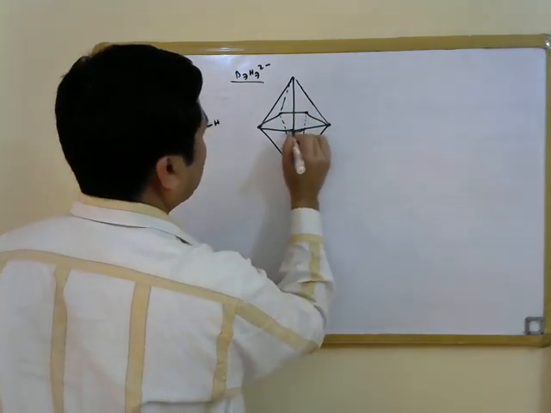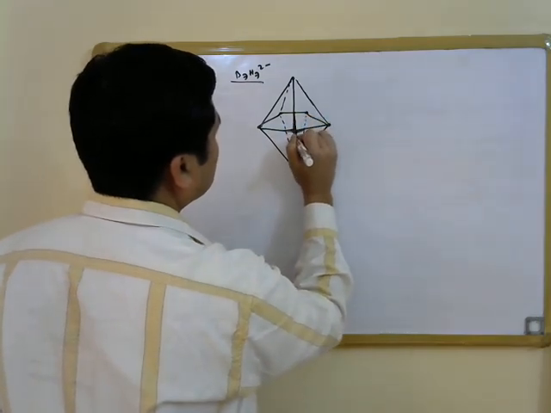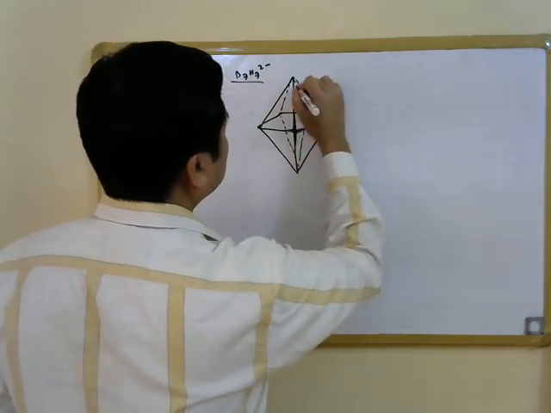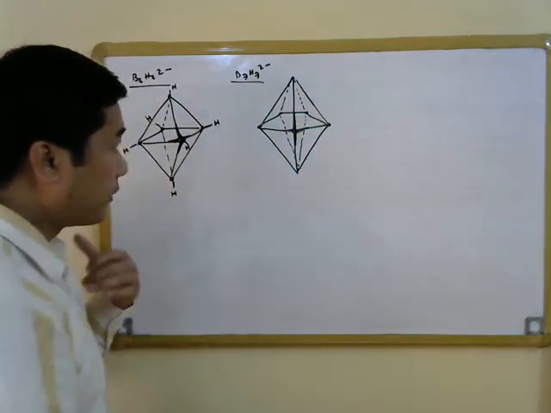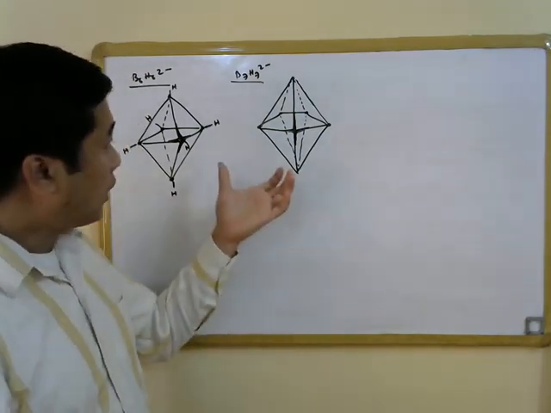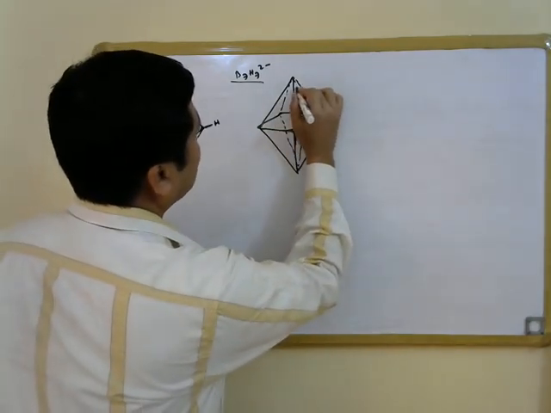So again, let us darken these lines to get a 3-dimensional impression over here, and the lines which are behind, we make them dotted lines. These are not bonds, as we have already said.